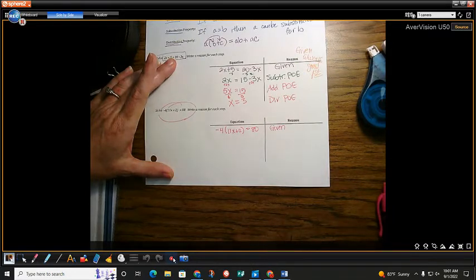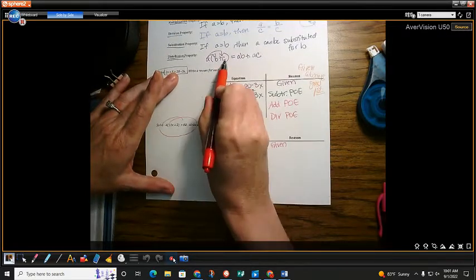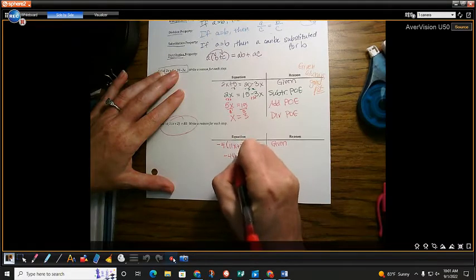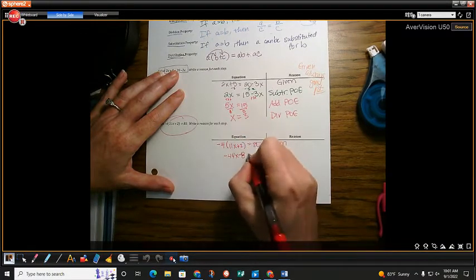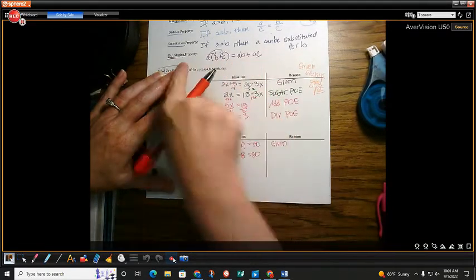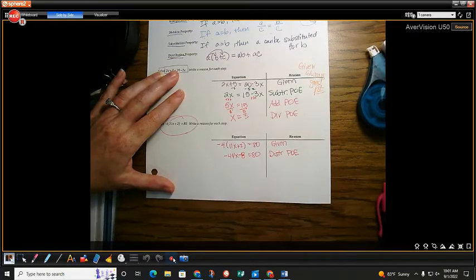Then you could look at this and say, oh, I have something written with parentheses, so I can rewrite it this way and write it as negative 44x minus 8 equals 80. And the property that let me write it a different way is the distributive property.